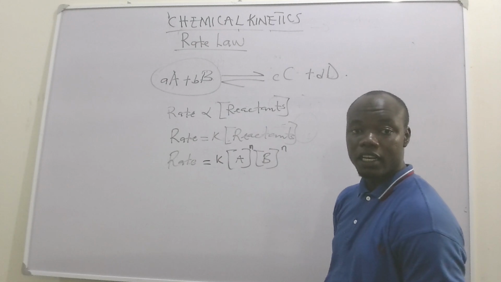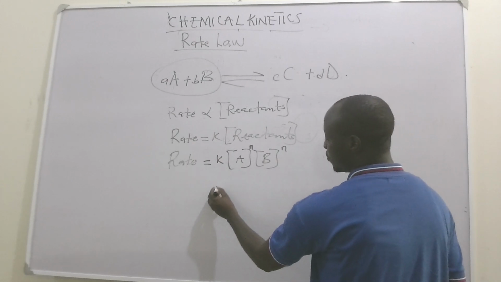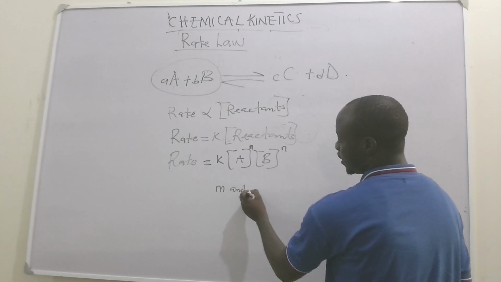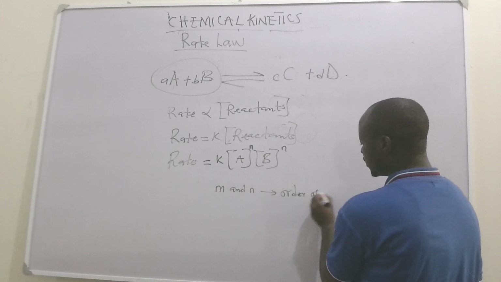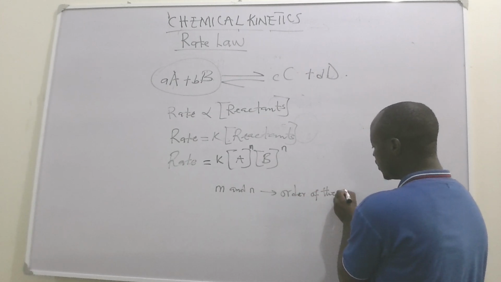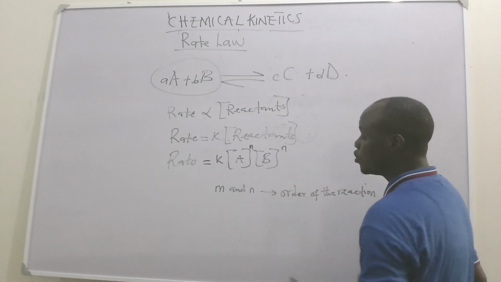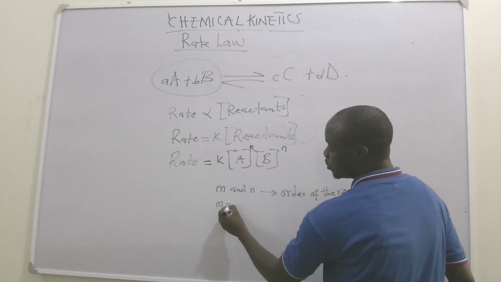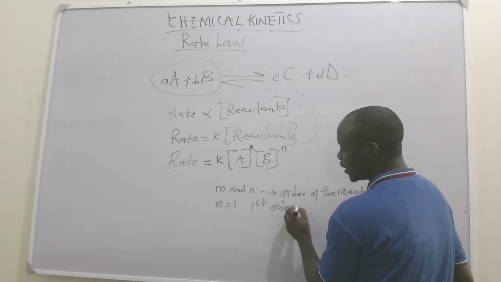The m and n indicate the order of the reaction. For example, if m is equal to 1, it means that we have a first order reaction.